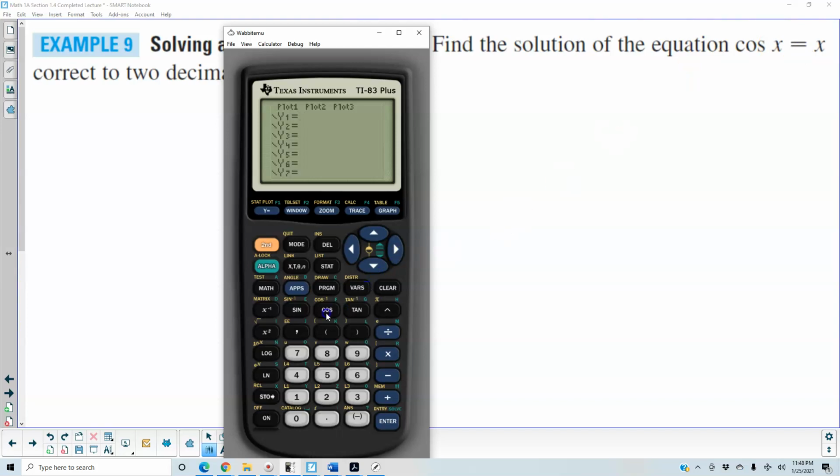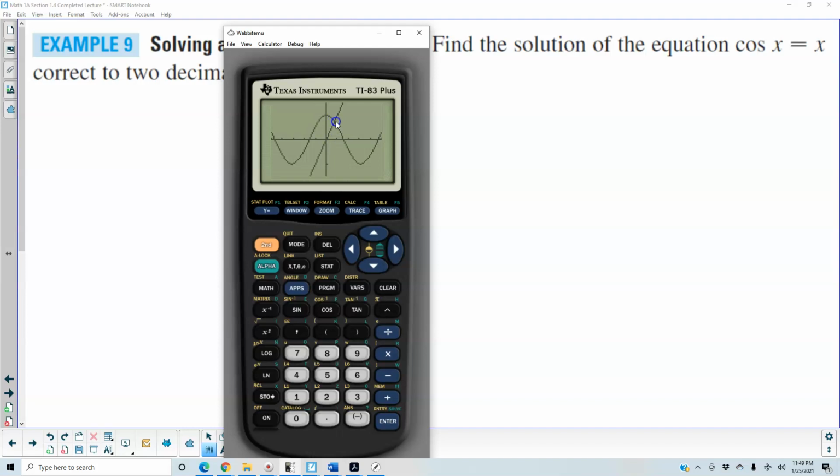So the first thing we're going to do is graph the cosine of x, and then we're going to graph x. So now let's go ahead and graph that. Now it's graphing the cosine of x, and now it's graphing the graph y equals x.